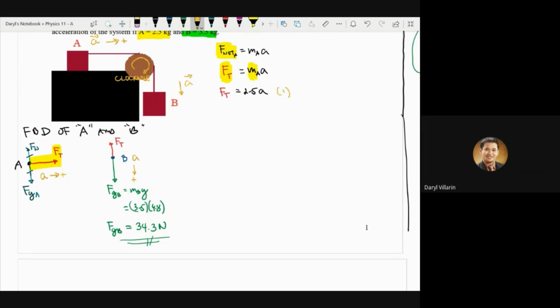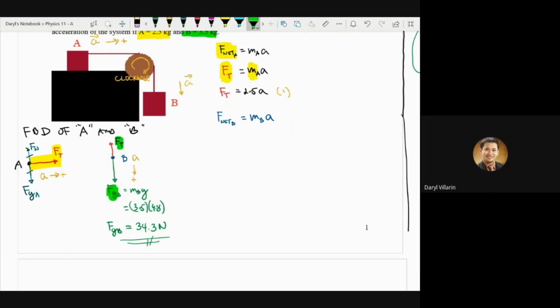However, I have the other object, which is object B. So I'm gonna check on the forces acting. I take the sum of all the forces acting on my B. Again, the net force acting on B is just the mass of B times its acceleration. Going to my object B, I have two forces acting on my B that will affect its acceleration, Ft and Fgb.